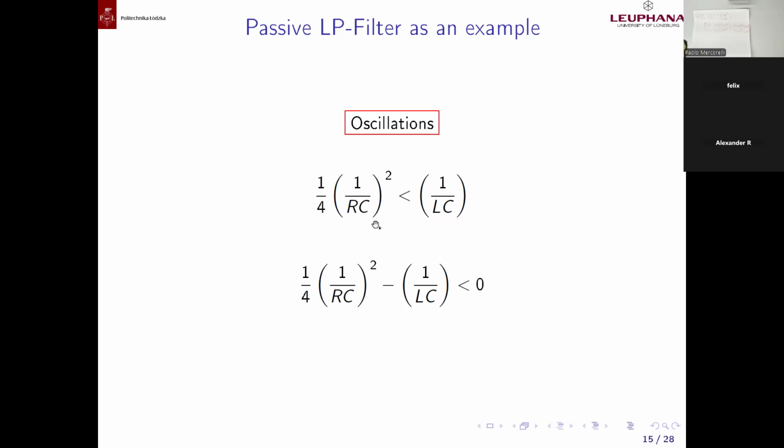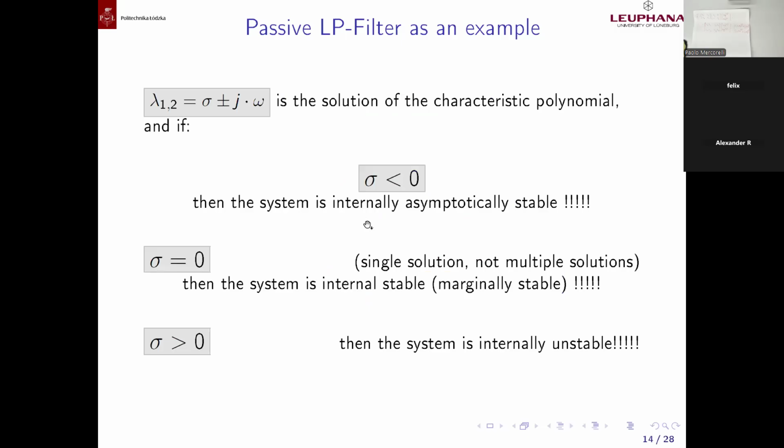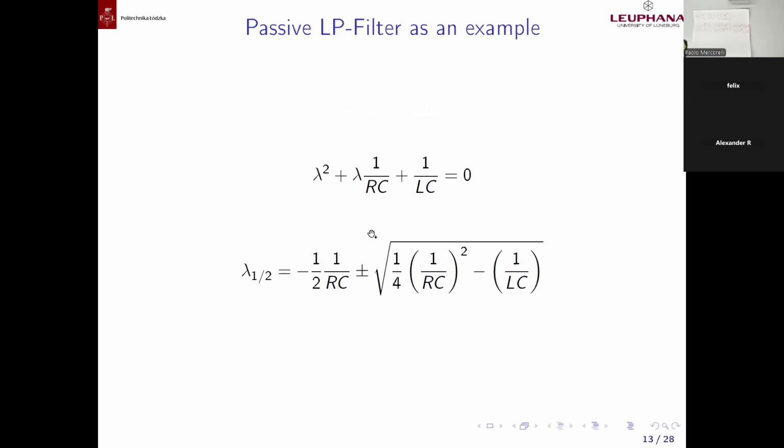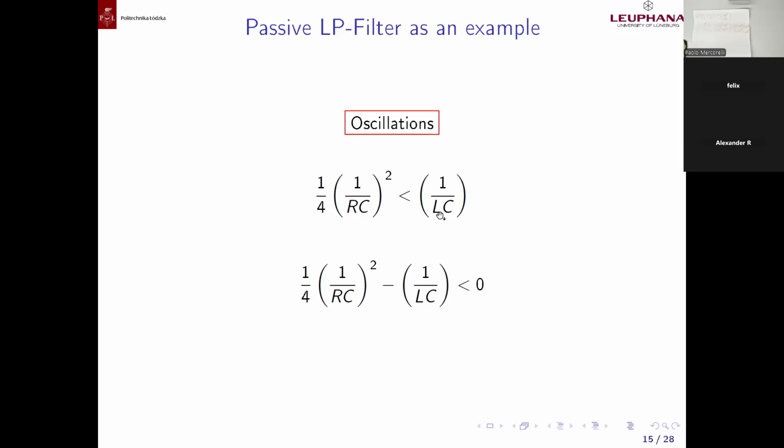This means here we have 1 divided by R squared C less than 1 divided by L. For large C, tendentially, we have oscillations, as for large R, or equivalently for small L. So just to understand qualitatively.